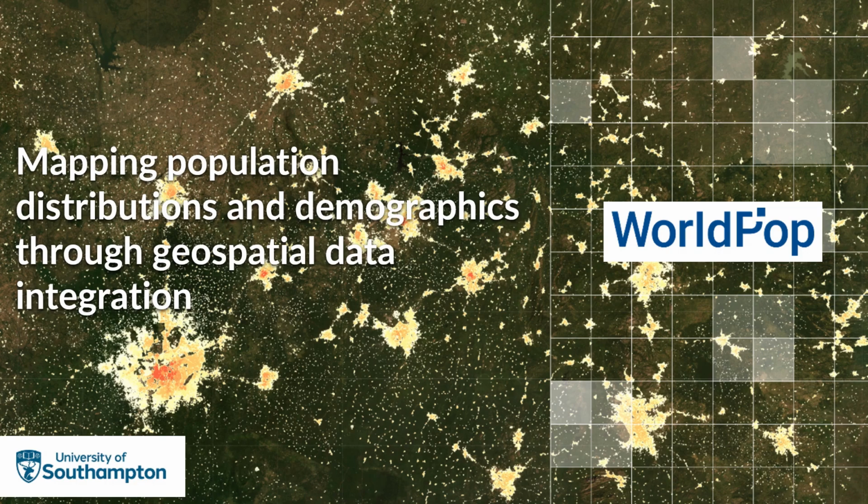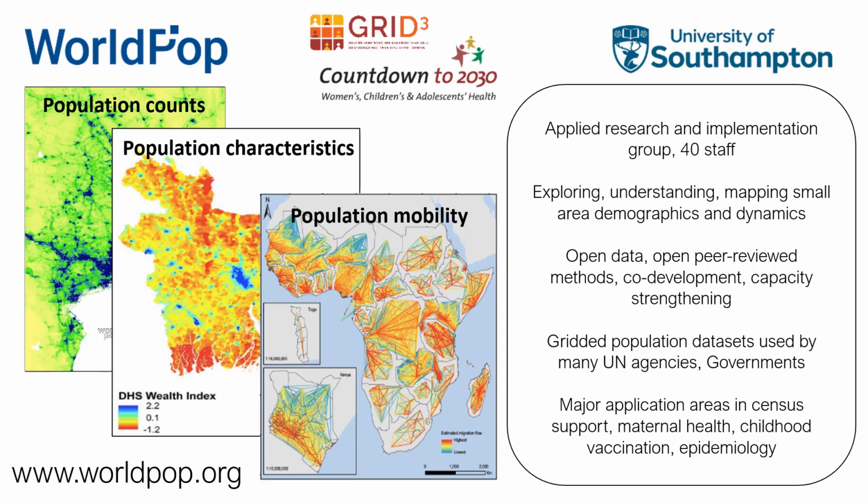For those of you who don't know, WorldPop is an applied research group at the University of Southampton in the UK. There's around 40 staff, and we're really focused on trying to produce those kinds of data sets you see on the left there, mapping population counts, characteristics, and mobility patterns at small area scales, and making those data and methods as open as possible.